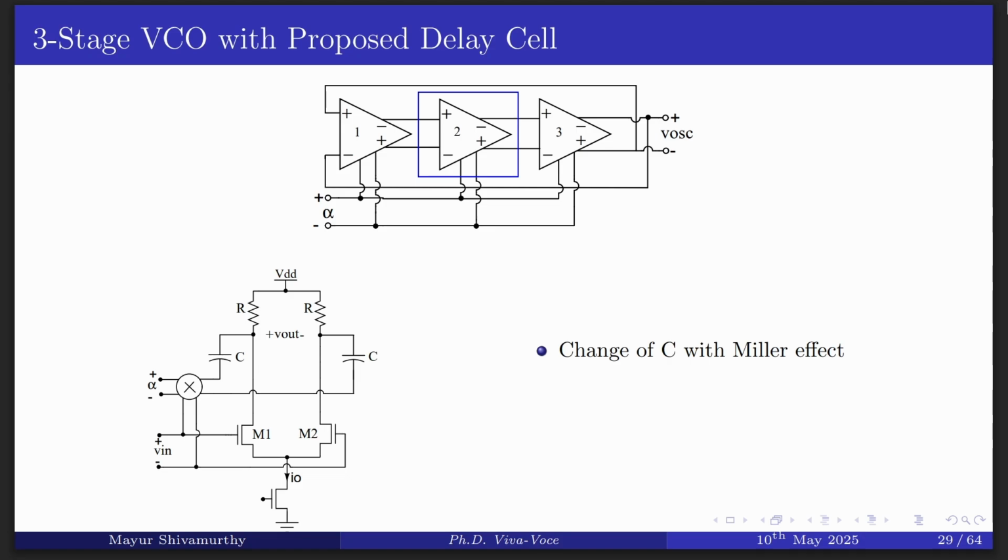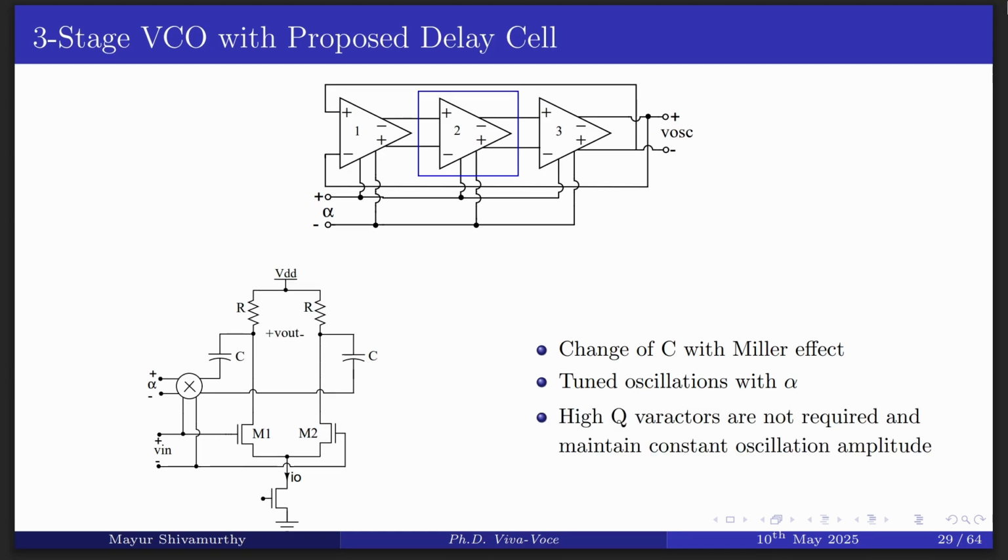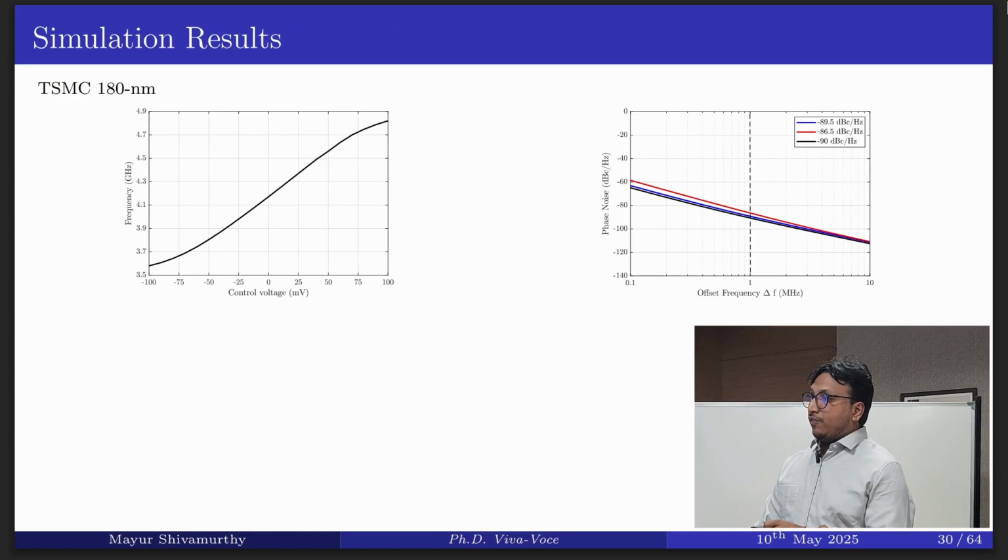Here the value of C is varied with an external control signal alpha, and hence the frequency of oscillation is going to vary with this alpha. And this particular delay cell tuning technique does not require high quality varactors, and it also maintains a constant amplitude of oscillation across the entire frequency tuning range of the VCO.